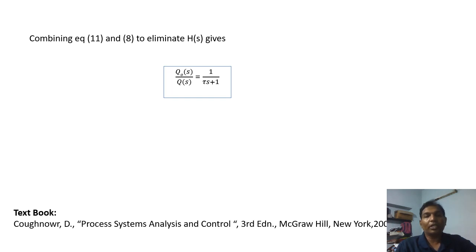Here you can see Q0 of s is the output variable and Q of s is your input variable. And this is the mathematical model of your liquid level system.